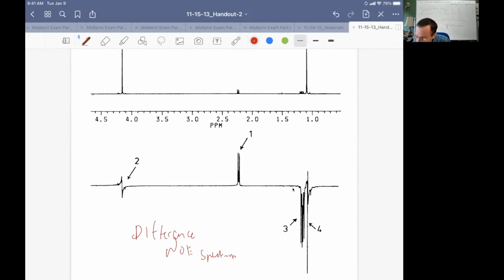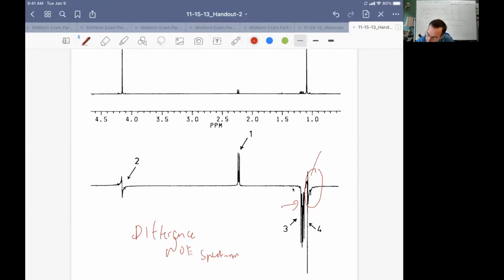The reason I wanted to show this to you is you can see the real sorts of issues and artifacts. You can see that that peak, which Derome called number 3, that doublet of doublets, has indeed gone negative. What you're seeing here is the fact that it's almost impossible to be completely selective when peaks are this close.